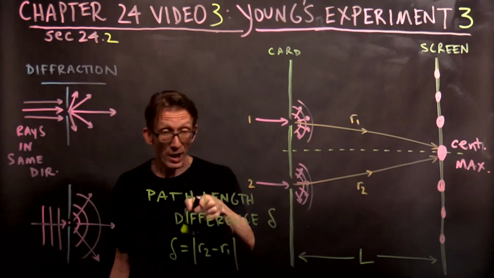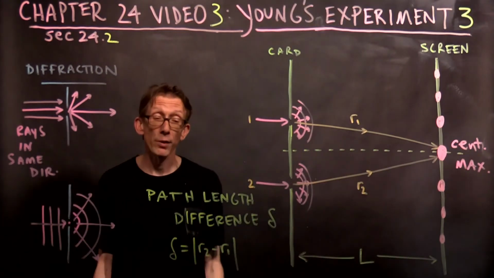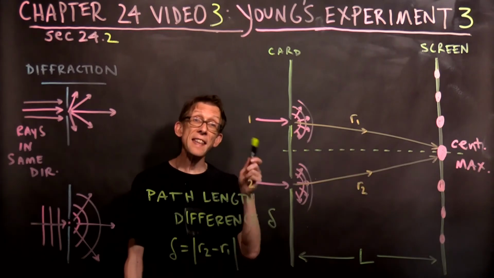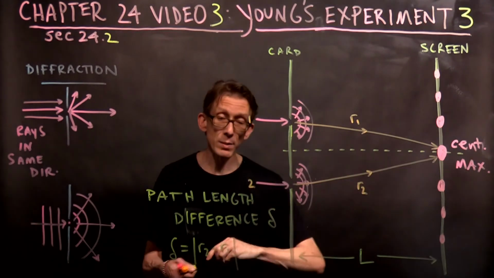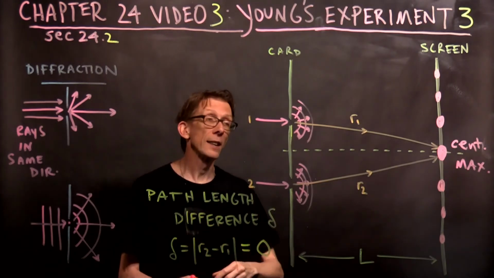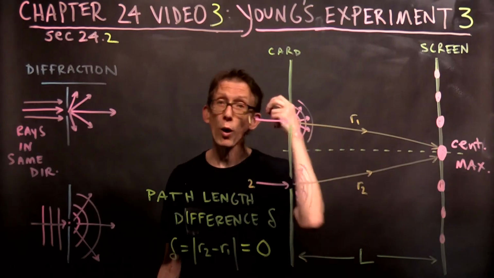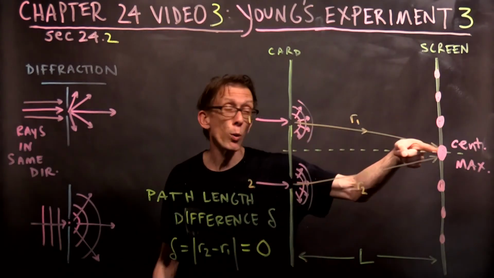Their difference is R2 minus R1, and it's defined to be positive. Sign doesn't matter, so we're going to call it positive. In this case, for the central maximum, that path length difference is 0 because the path length R1 and the path length R2 are equal for that point.